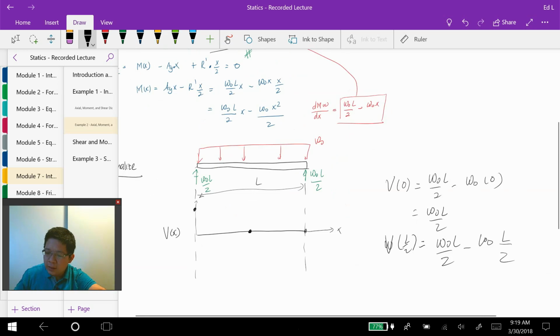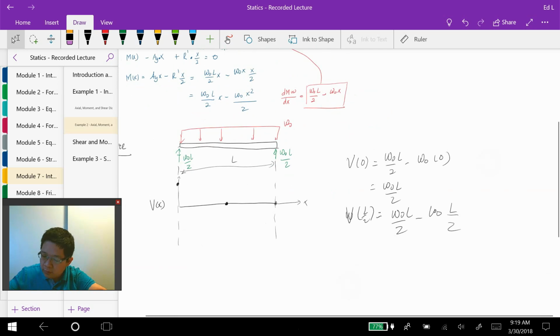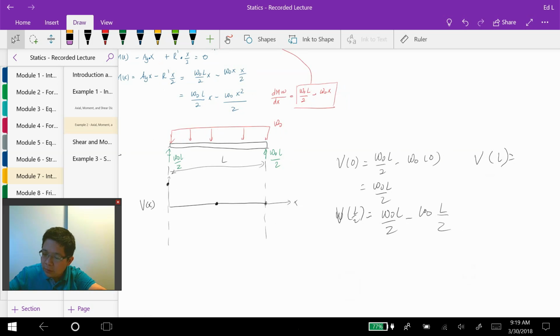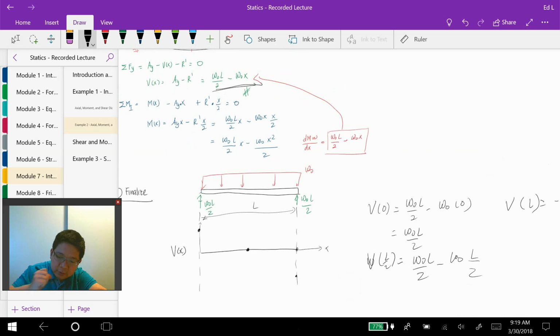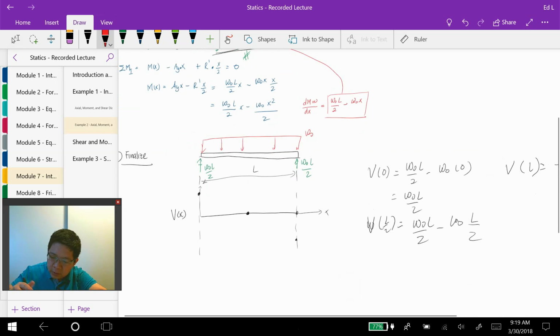And at x equal to L, if you perform the calculation, I obtain negative w naught L over 2. It seems the line is first order, so I'm going to sketch the shear diagram as shown here, where this is positive, this is negative, and the magnitude here is w naught L over 2, here is negative w naught L over 2.